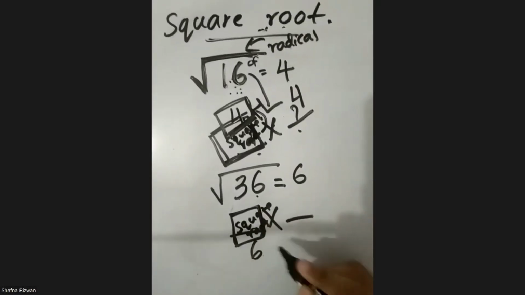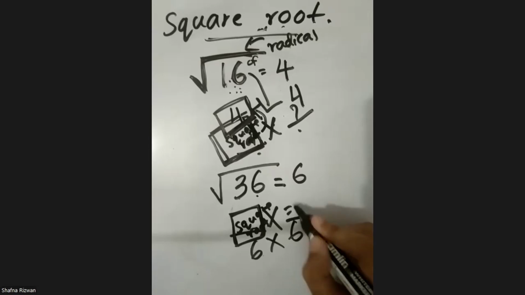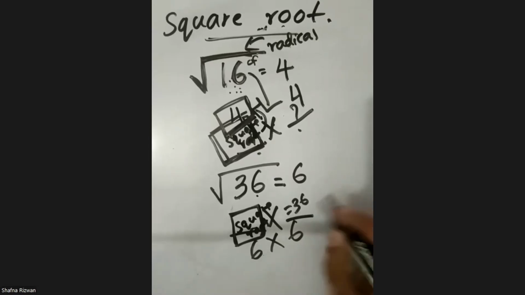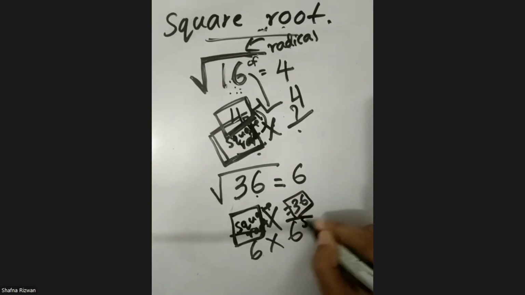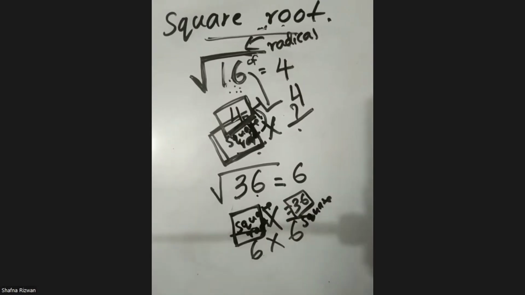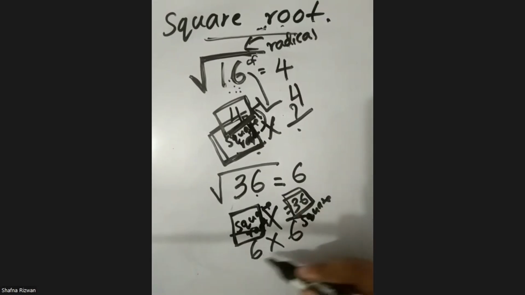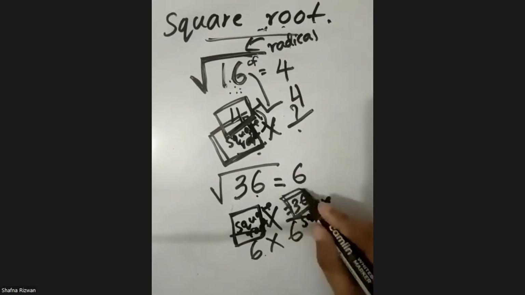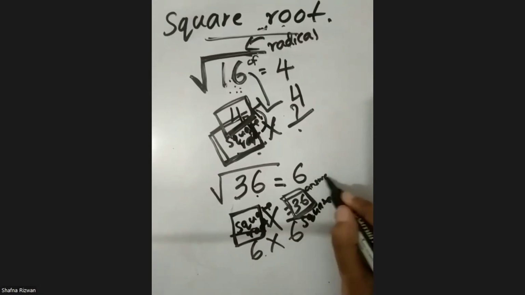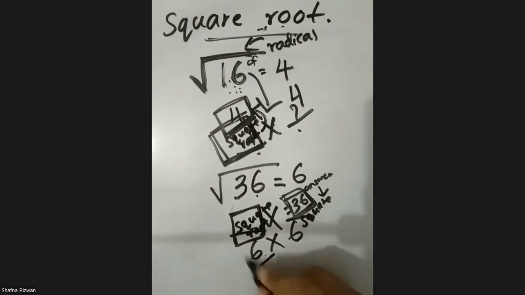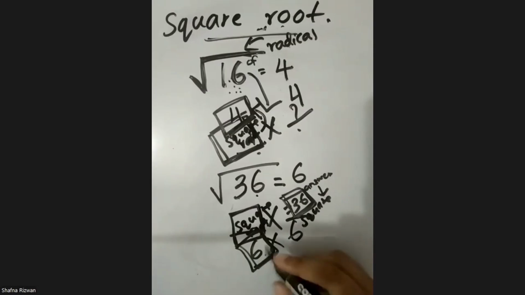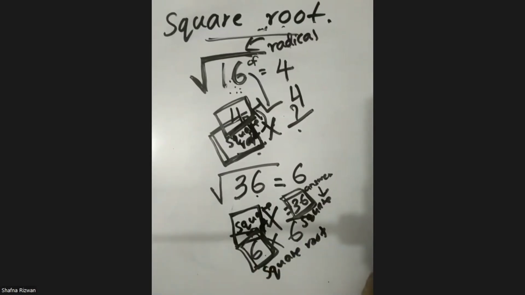If you multiply 6 by 6, the answer you get is 36. So this answer is known as the square. See the difference? When you take two numbers and multiply them, the answer you get is known as a square, and the number by which you multiplied is known as a square root.